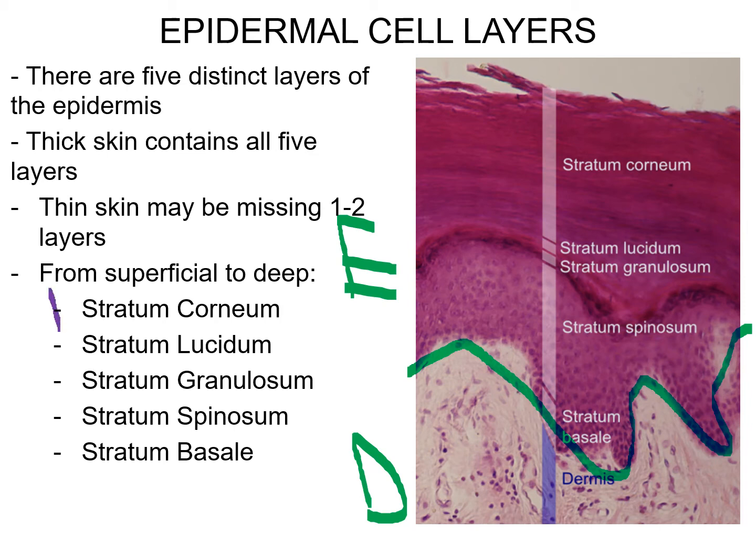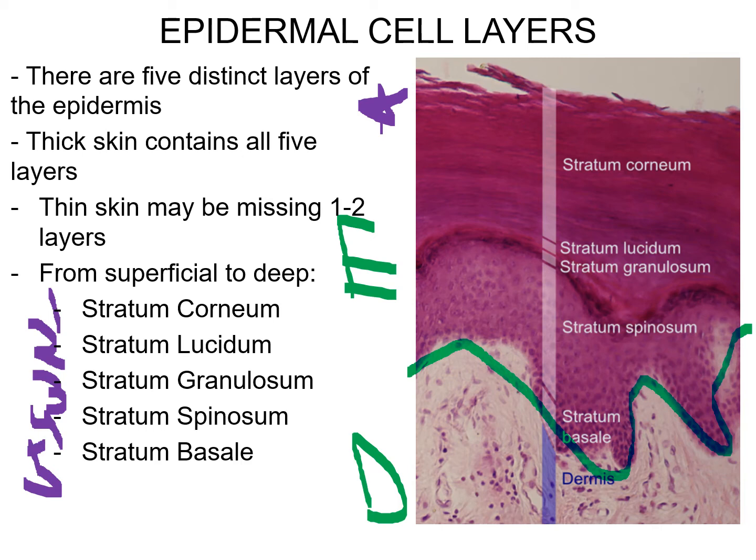We have the stratum corneum is the very, very top, or most superficial. That's actually what's touching the outside environment, if you will, or what the air is surrounding. Then we have the stratum lucidum, followed by that, a little deeper, is the stratum granulosum, then the stratum spinosum, and the stratum basale, or that basal layer.